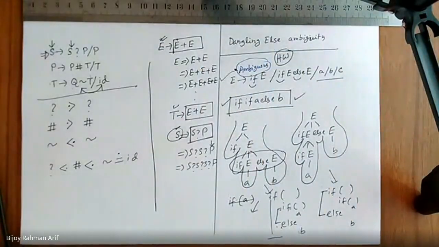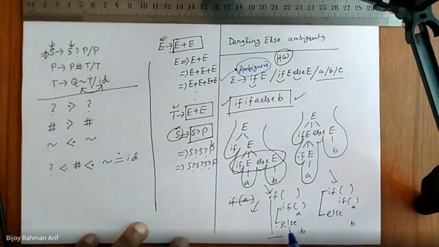In the dragon book, one solution is already given. In that solution, most probably they connect this else with the immediate previous if. But you have to come up with two solutions.